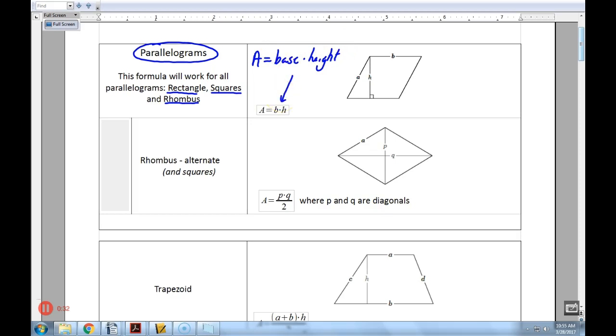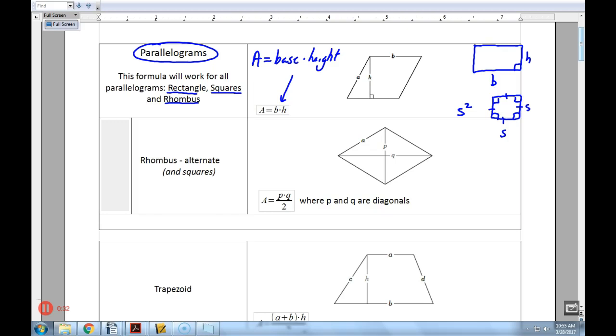Rectangles are pretty standard. You have a rectangle, this would be your base, this would be your height. Squares, same type of deal. Sometimes you will see formulas written with S, and they say the area of a square is side squared. It's the same thing. It's base times height, just the two numbers are the exact same on a square. So you can view it that way.